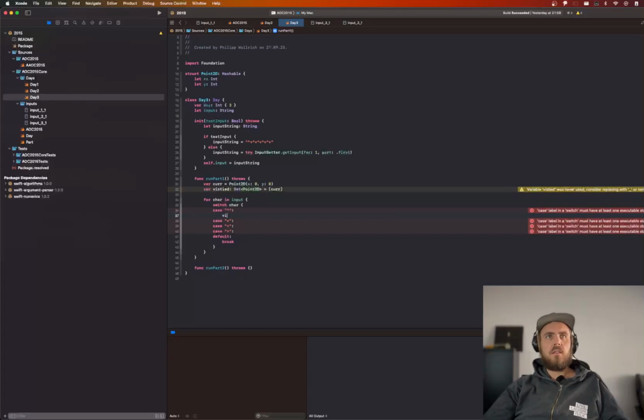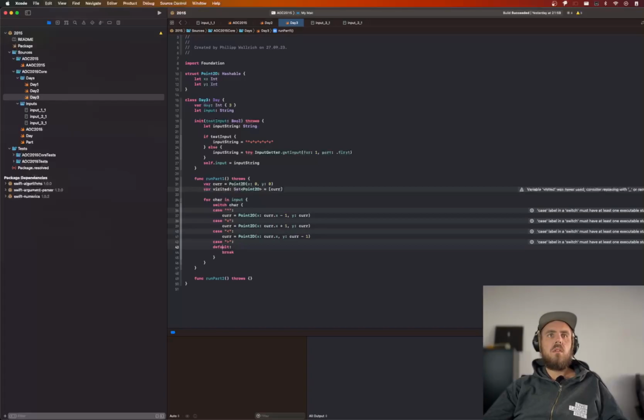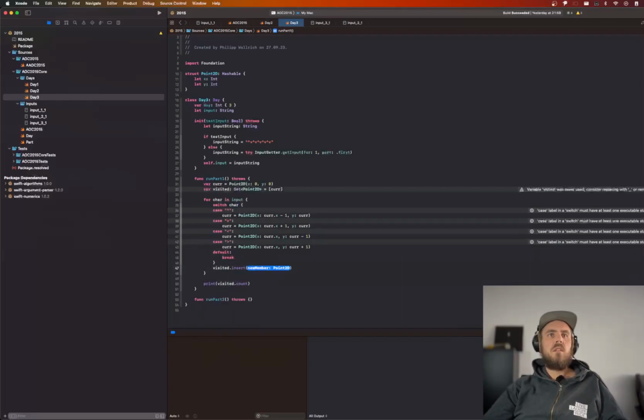So I say cur is equal to Point2D x, cur.x minus 1, cur down is plus 1, left is x and y minus 1, and that one is plus 1, and now we're gonna print visited.count, and we actually need to insert cur. Let's see what happens.